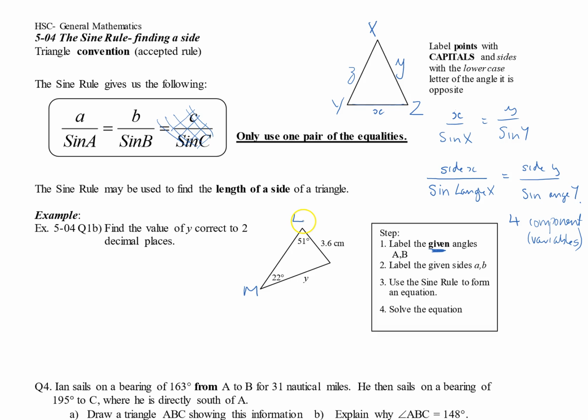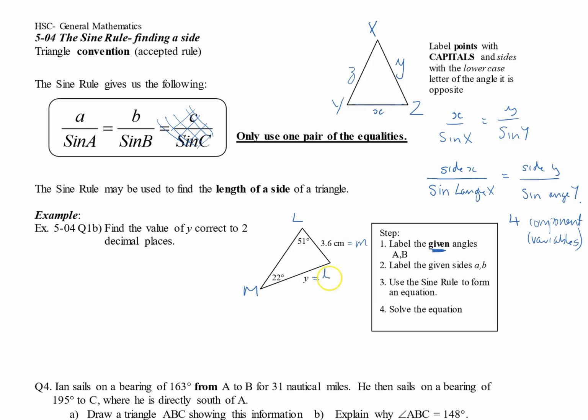Now let's label the sides. They're saying a and b, but no, my sides will be lowercase l, and this side is opposite M, and it'll be lowercase m.